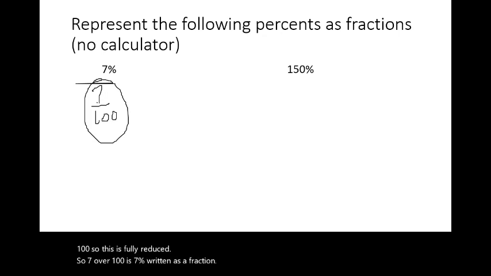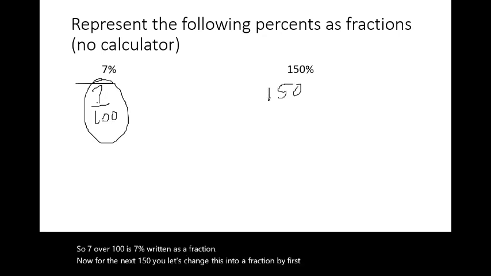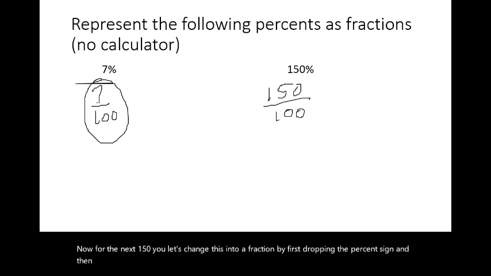Now for the next one, 150%, let's change this into a fraction by first dropping the percent sign and then placing the number over 100. The hard part here is going to be reducing. Now, here's a trick that you can always do when you're reducing fractions.